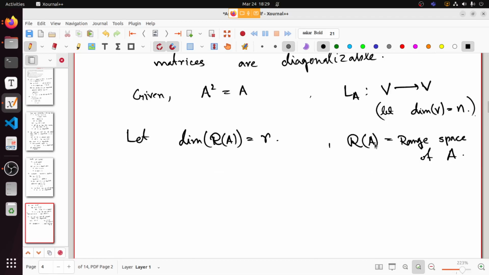So there are many linearly independent vectors which span the range.